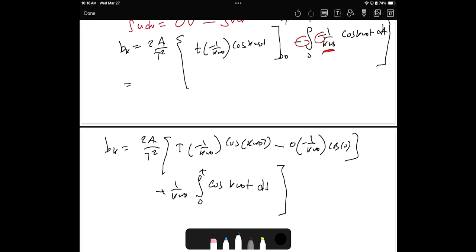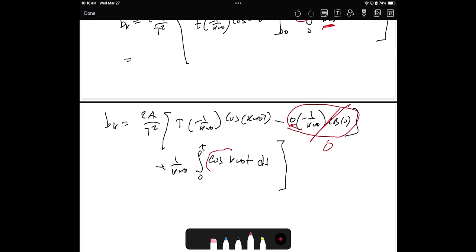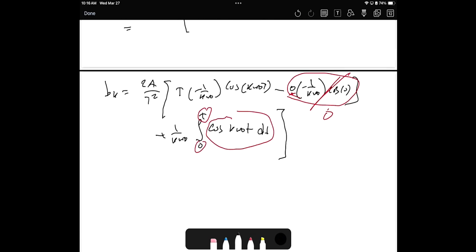Okay, let's see here. This term is 0. Even though cosine 0 is 1, there's times 0, so it will be 0. This term is 0. How about this term? Cosine around the full period. If you have this period like this, then basically you can say the positive area and the negative area cancel each other.